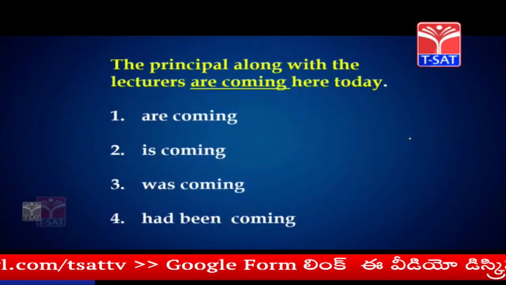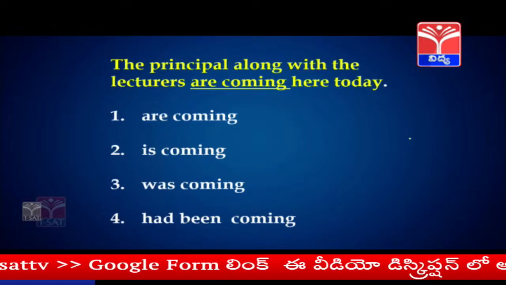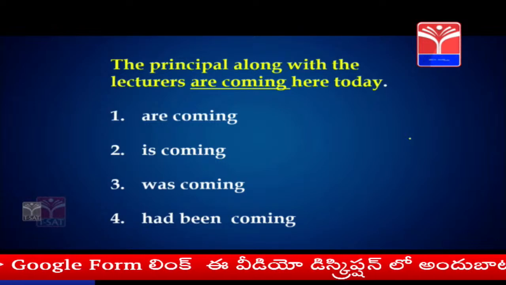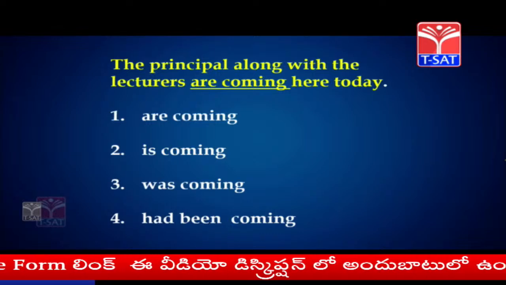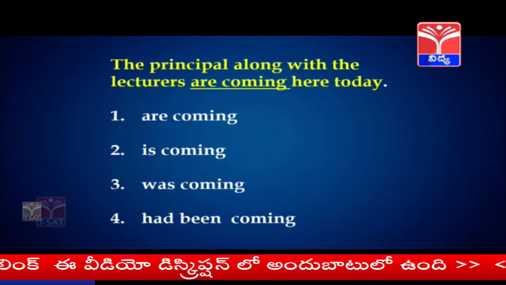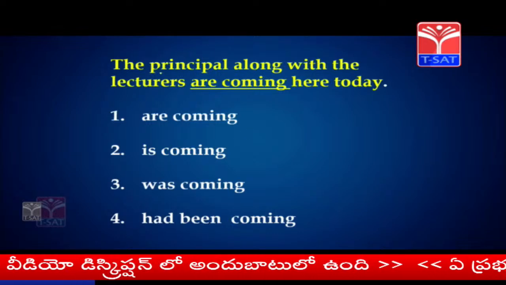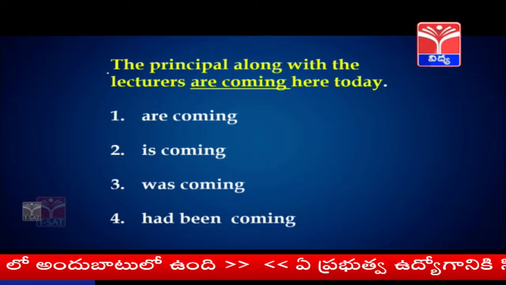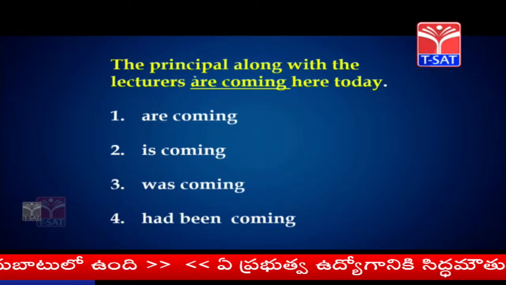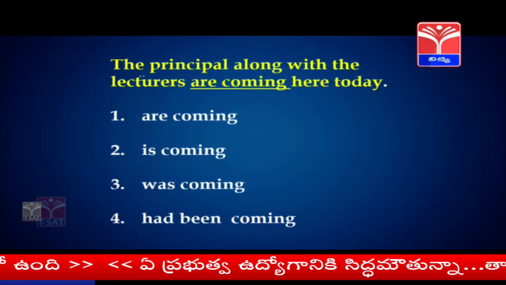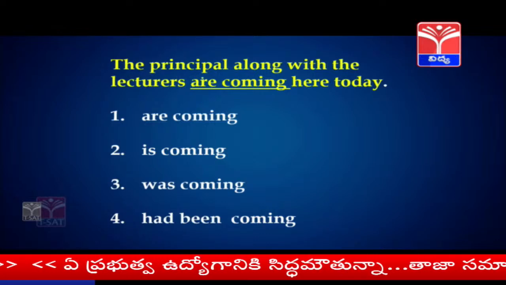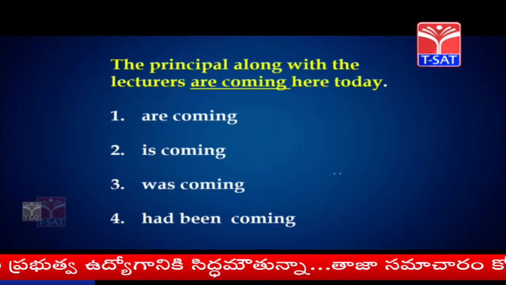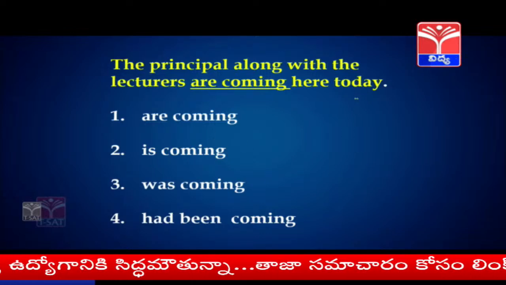But we cannot go beyond the underlined part, you cannot change the principal along with the lecturers. The principal is the main part here in this phrase. So, since the principal is singular, it should agree with the singular feature.